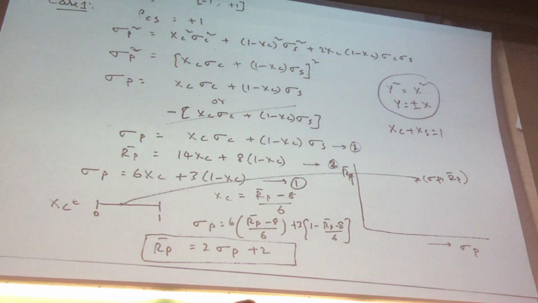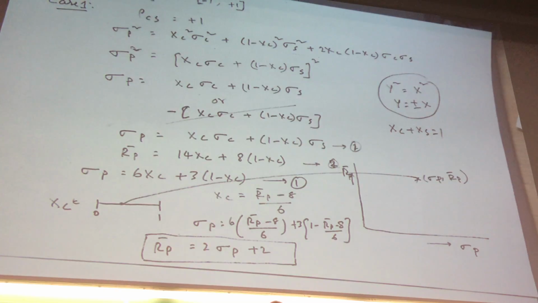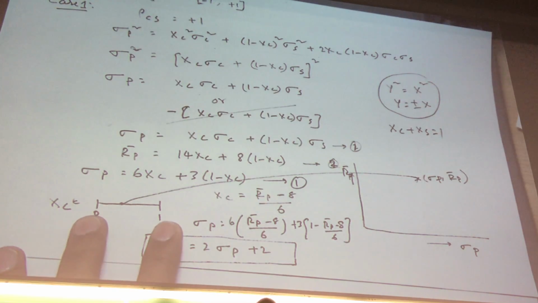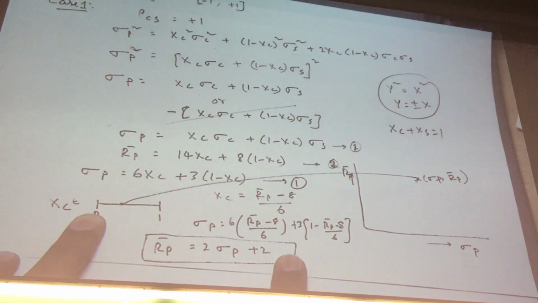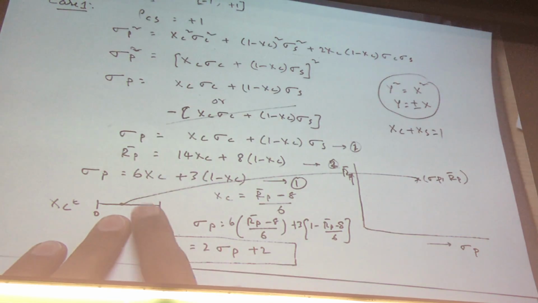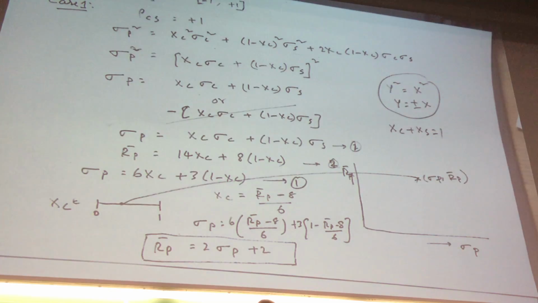So basically, you're supposed to pick a point between 0 and 1, and by using this equation, you can get the corresponding point on the two-dimensional graph. But remember that for each point, this equation is going to change.